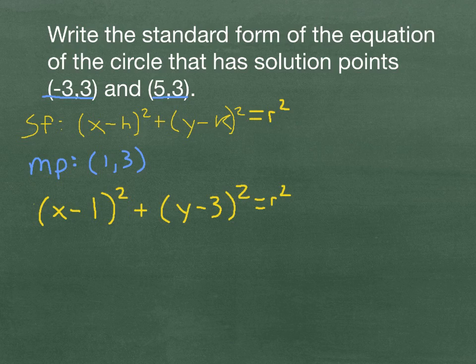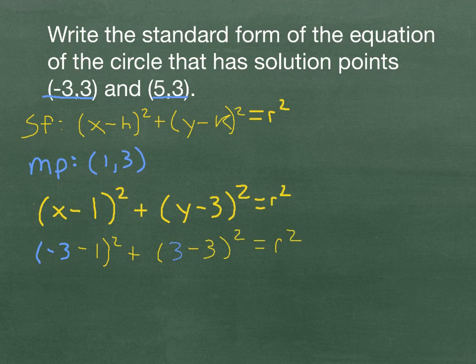So let's say in this one I'll use -3 and leave the -1, which is already here, and the squared, plus 3 minus 3, which is already there, squared, equals r squared.